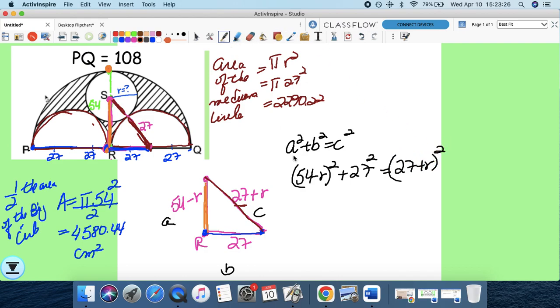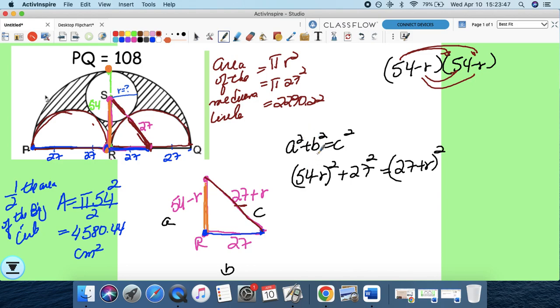Now, remember what I told you, (54 minus r) to the second power is the same thing as (54 minus r) times (54 minus r). Basically what you're doing is distributing properly twice, right? You multiply these two, and then these two, and these two. It's the same, right? It's just one extra.